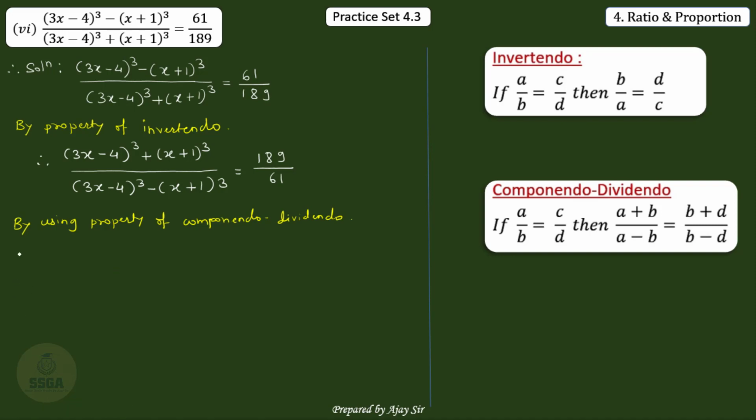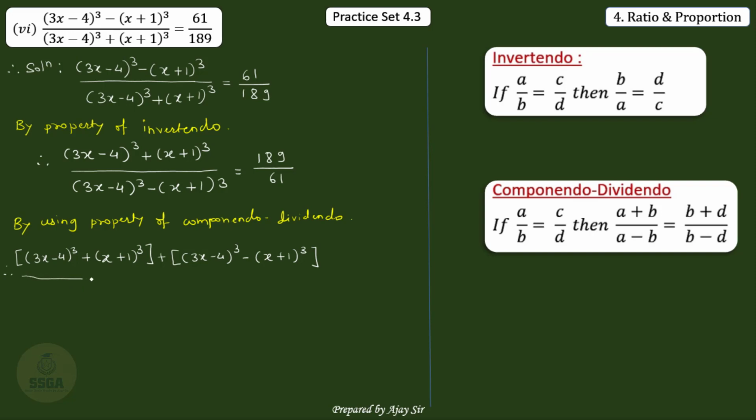So the numerator we write in square brackets: (3x minus 4) bracket cube plus (x plus 1) bracket cube, plus (3x minus 4) bracket cube minus (x plus 1) bracket cube. This is the numerator, a plus b.